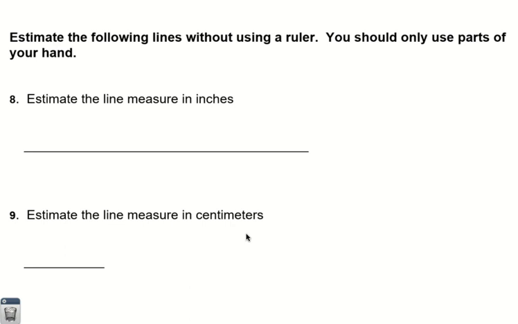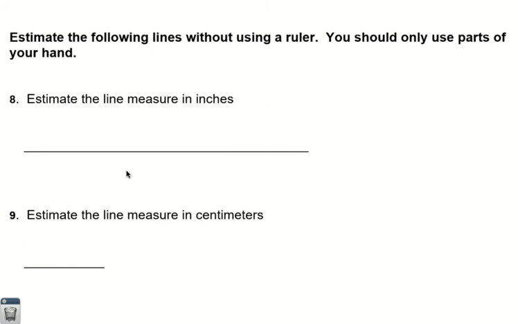Numbers 8 and 9, at least in 2018, and probably in every other year I do this quiz in this chapter, I kind of skip over this material. So just pretty much skip these things.